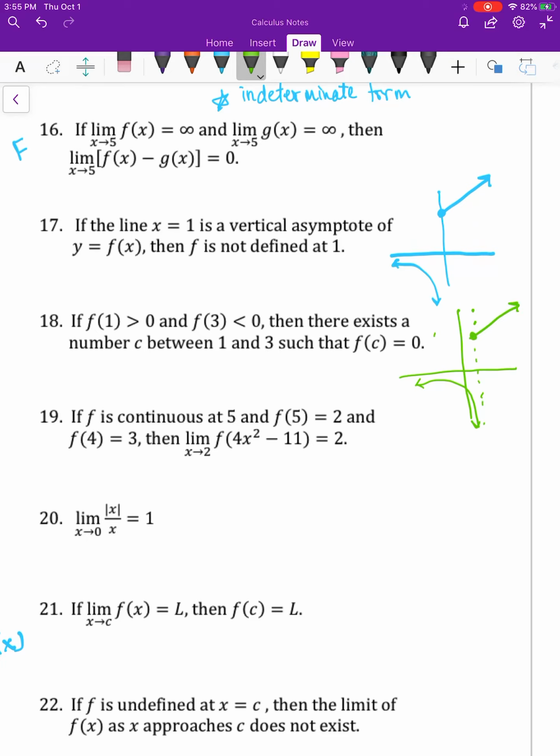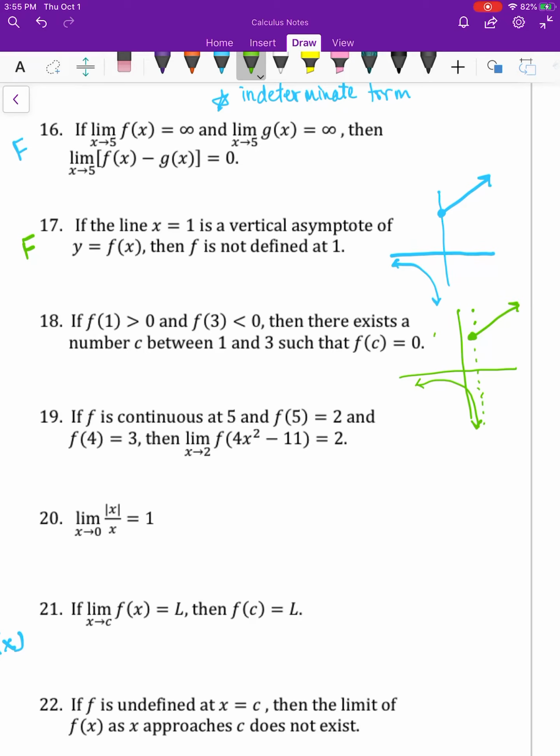And they're saying if x equals 1 is a vertical asymptote, then f is not defined at 1. Well, here's a case where I'm proving that wrong, okay? So you cannot just say that. It could be that it's not defined, but there is an example right here of when it would be defined.